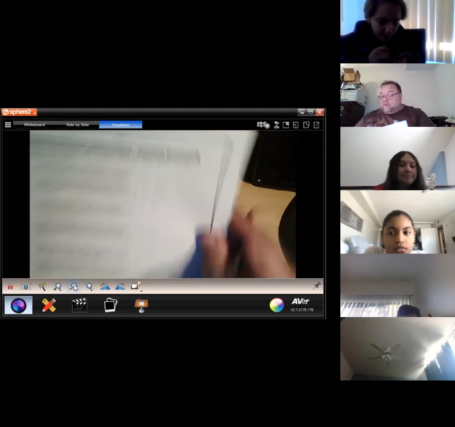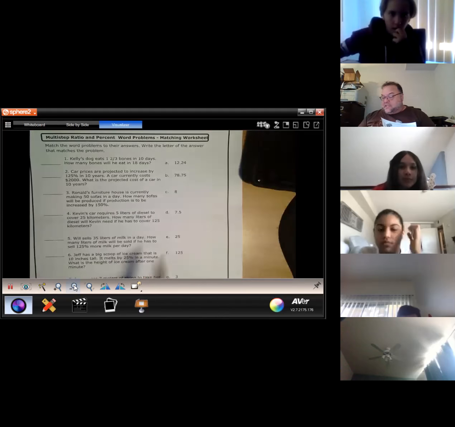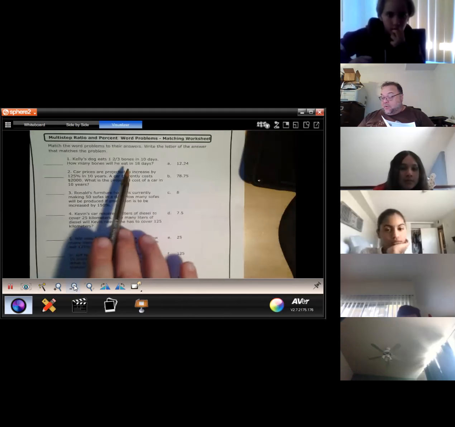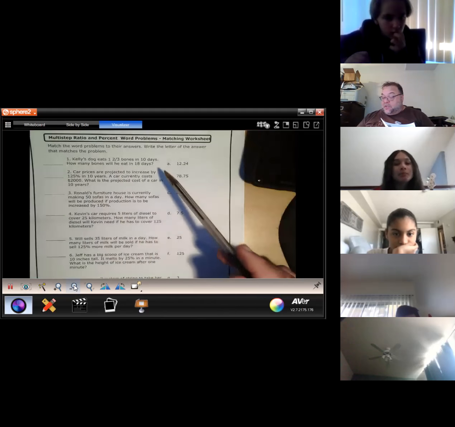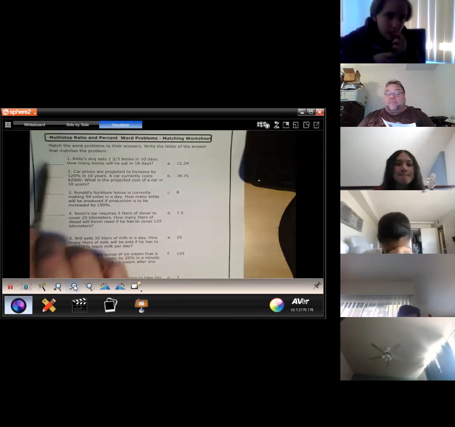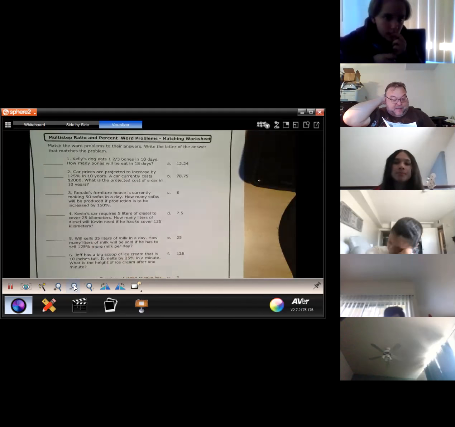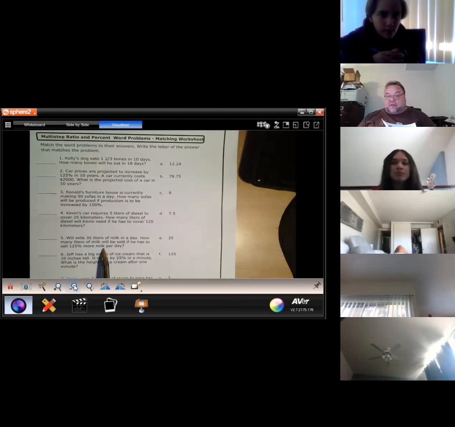Now, we've got these two worksheets. One is this matching thing. Of course they don't have any units over here because you're going to have to deal with that. So you're just going to look at these, find your answer, and write the answer here. The next time I hand out these worksheets, they actually convert very nicely into Microsoft Word.